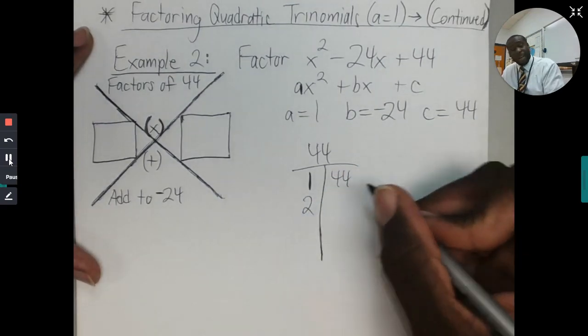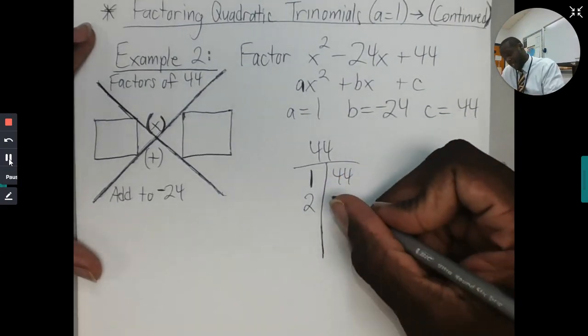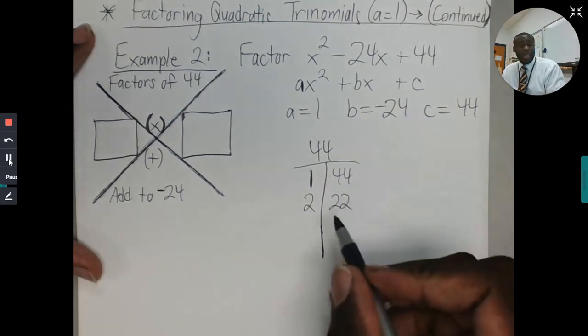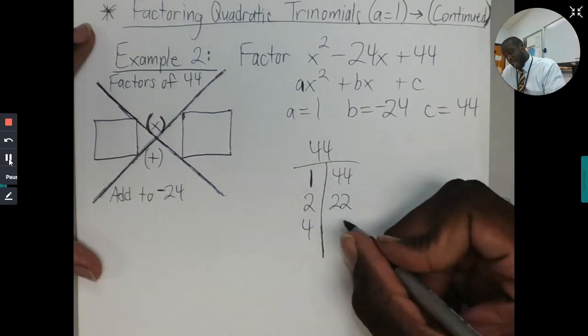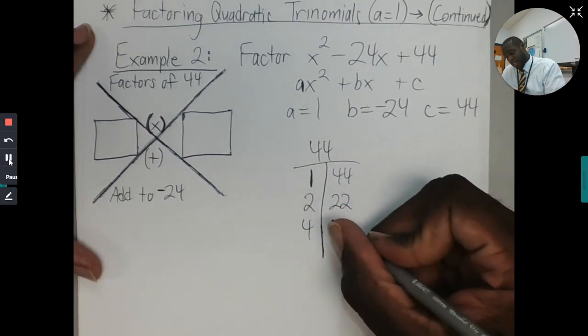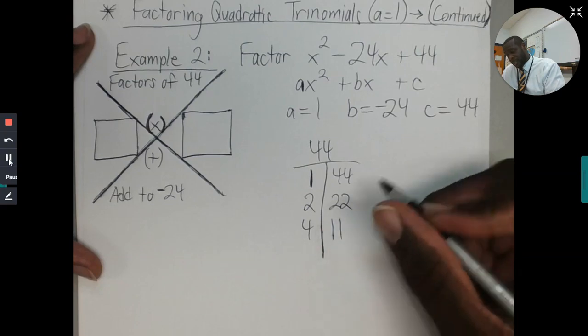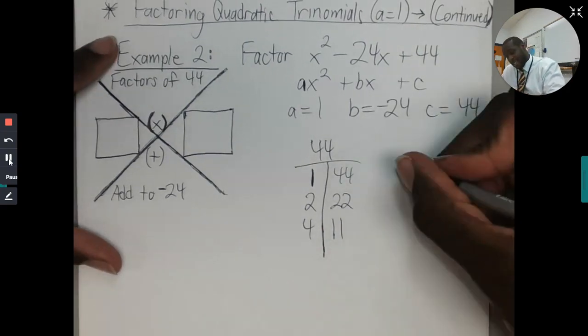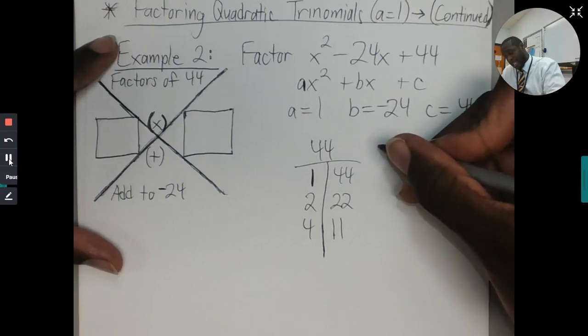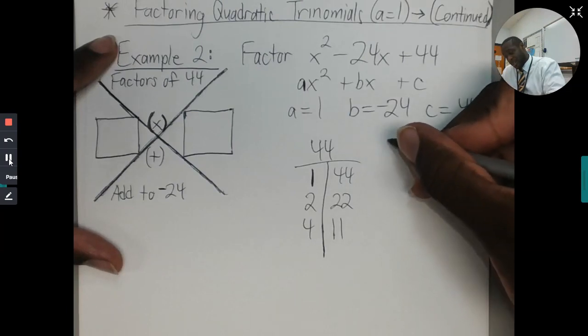It can be divided by 2 evenly, and you get 22. Not going to get any decimals as factors. It can be divided by 4 evenly. And that is about it, except for the fact that we've got negative factors as well.